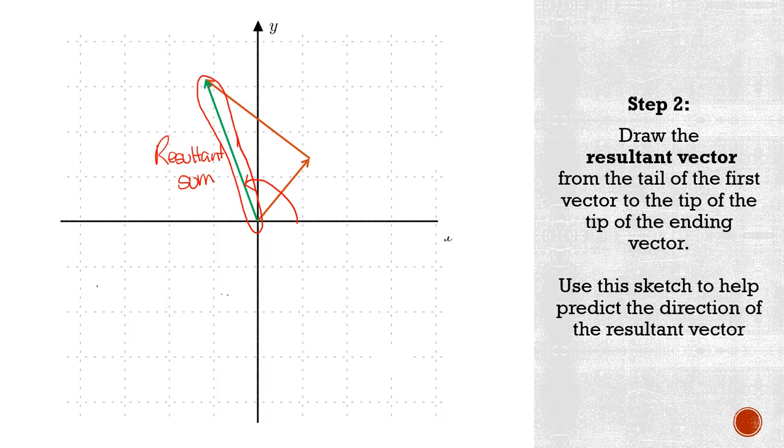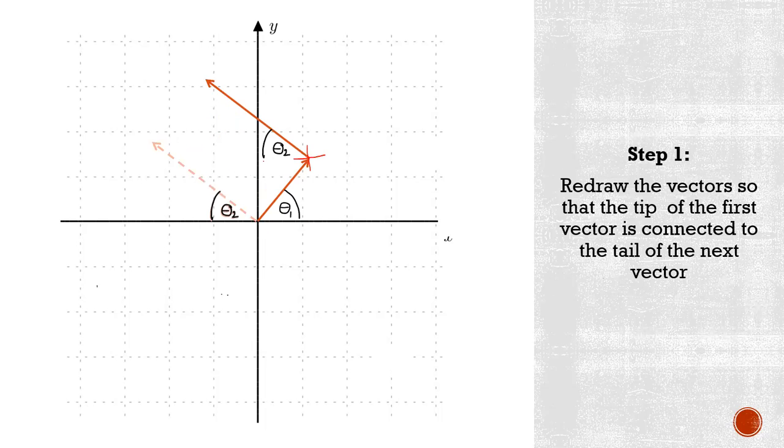So first, you redraw your vectors, so the tip of one vector is on the tail of the other. Now we know if we add these two together, imagine they're pulls. Two people pulling on something. If their pulls add together, it makes sense that the pull is going to become larger in the upwards direction, and it's stronger towards the left than it is towards the right.